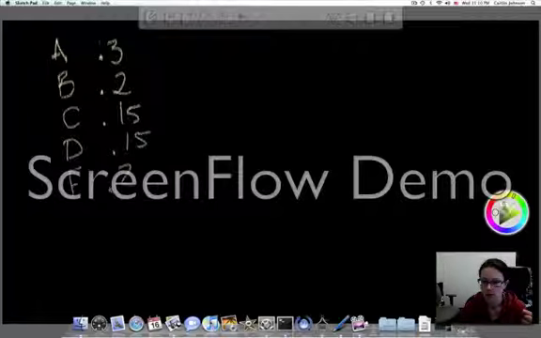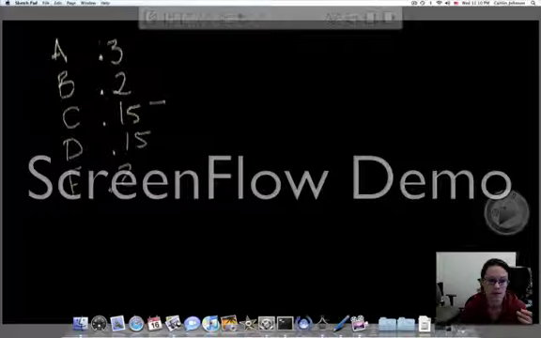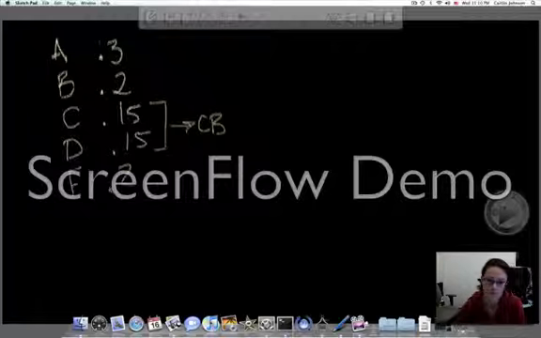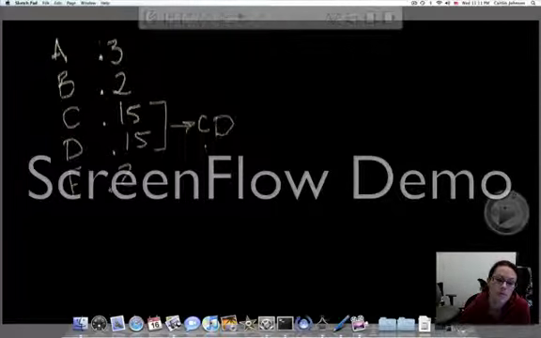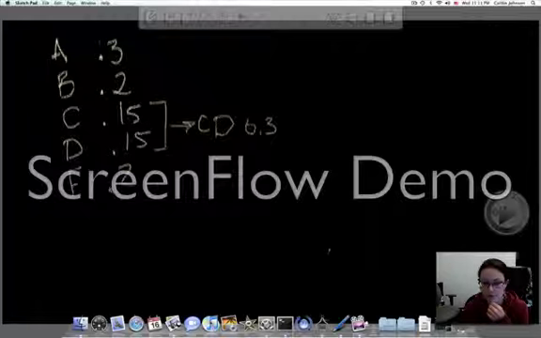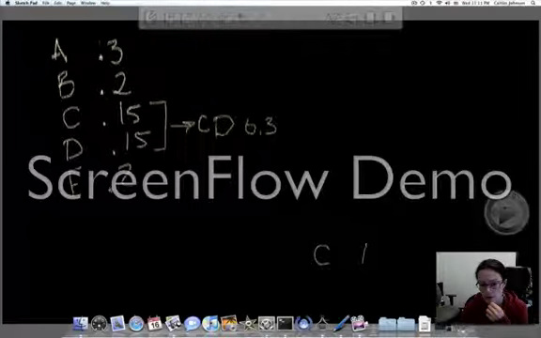If we take the C and the D here, we'll make them into a new supernode called CD. And the probability of CD is going to be 0.3, right? So we'll do C down here, D right over here.